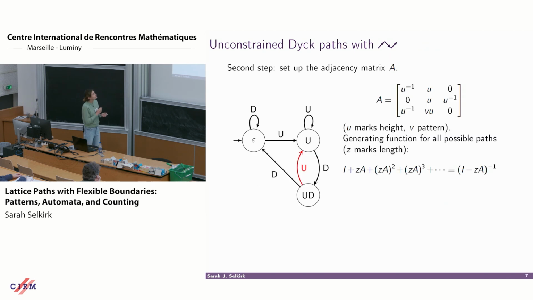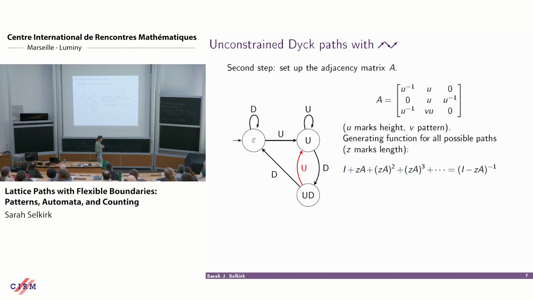Well, as many of you are probably familiar with, we can treat this as a walk on a graph. We get an adjacency matrix. In the adjacency matrix, we use Z to mark length. For now, we don't have any Z in our adjacency matrix. We use U to mark height, and we use V to mark our pattern.